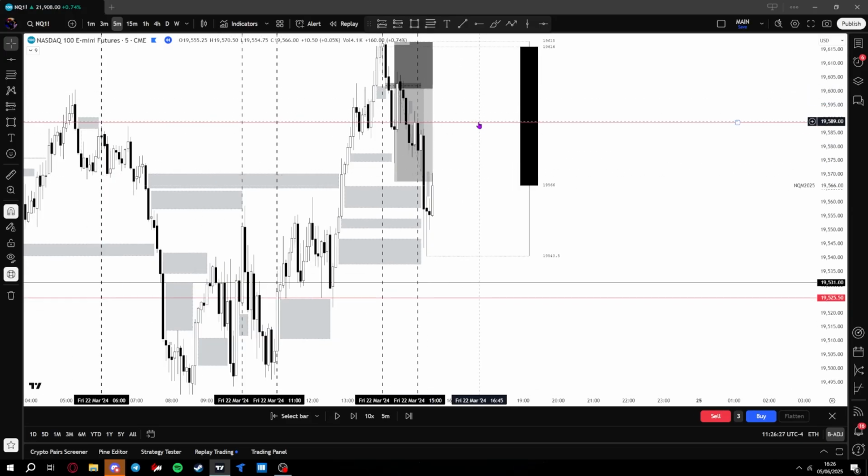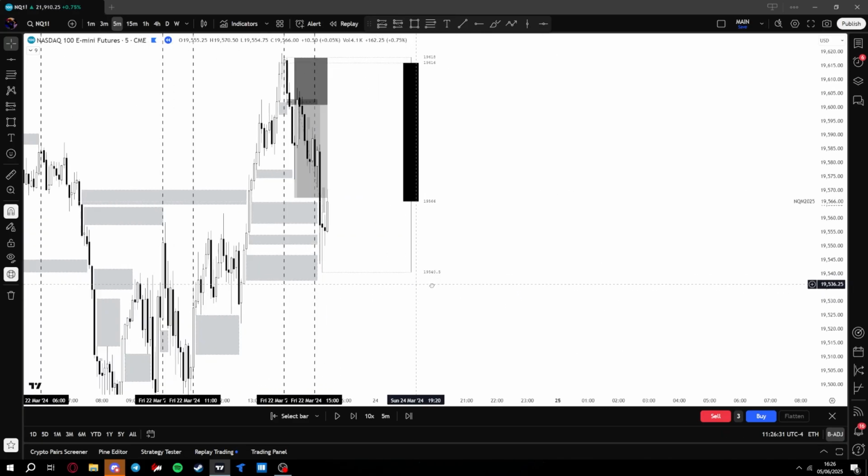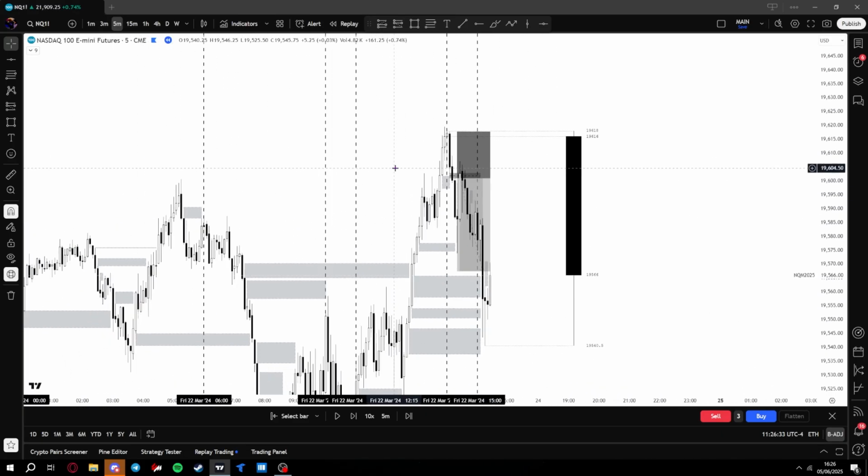But again, this strategy is one of the simplest strategies I've ever seen and used, and it helped me become profitable in the beginning parts.